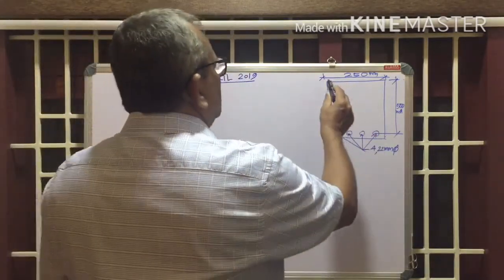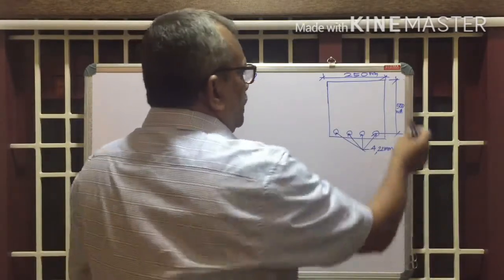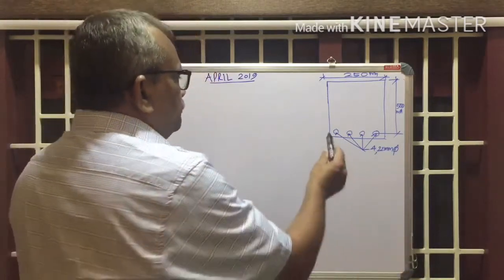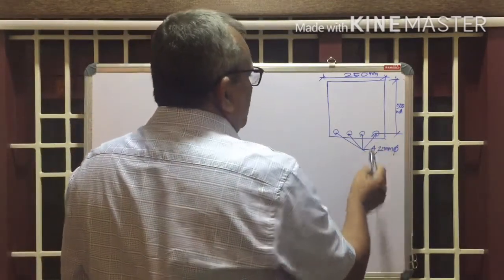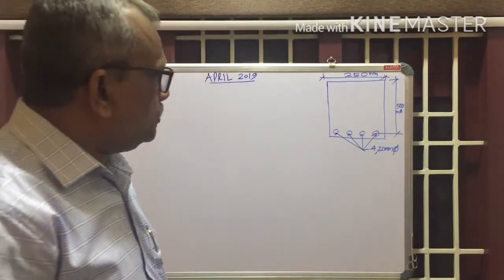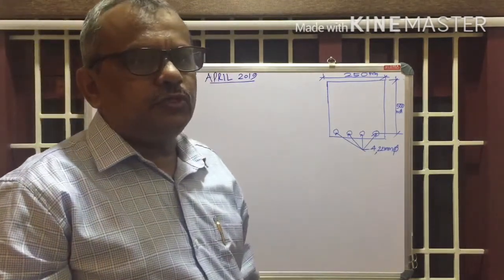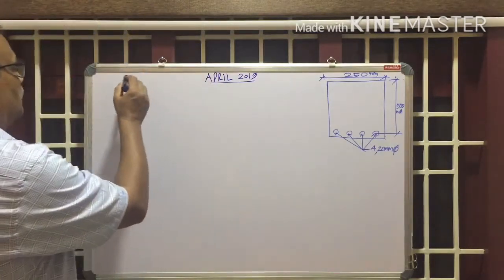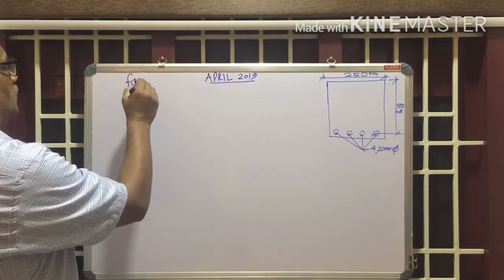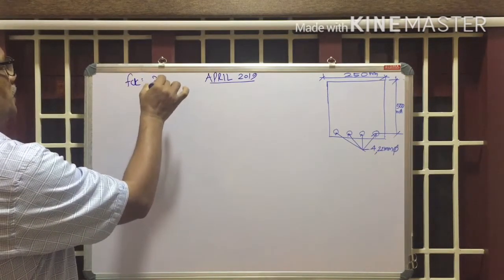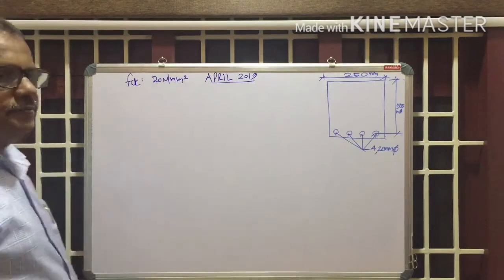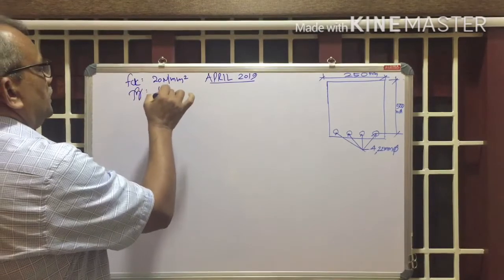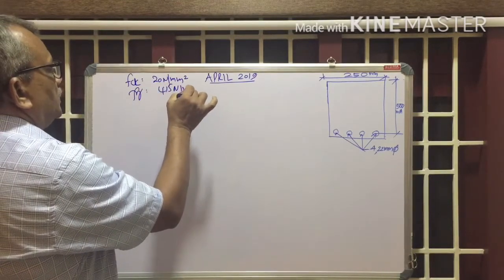The breadth of the beam is given, B equals 250 mm. Effective depth of the beam is given as 500 mm. There are 4 bars of 22 mm dia on the tension side, or AST is equal to 4 into pi by 4 into 22 square. Then the material properties are given: FCK for M20 concrete, 20 Newton per mm squared, and grade of steel Fe 415, that means Fy equals 415 Newton per mm squared.